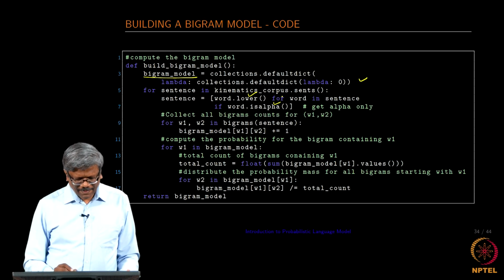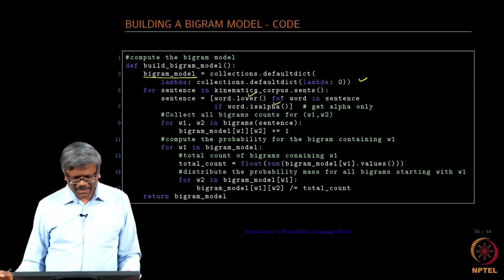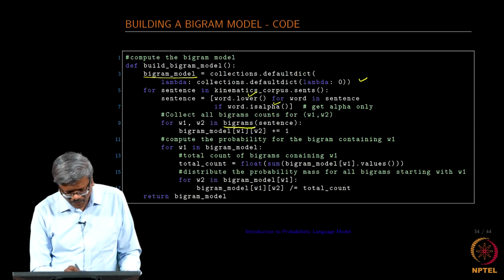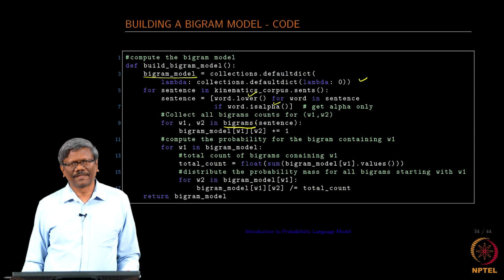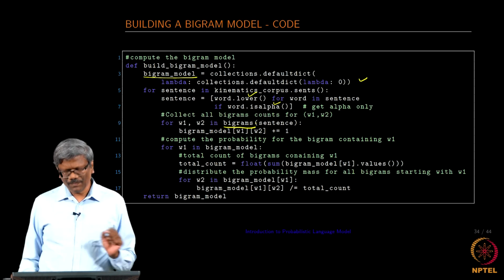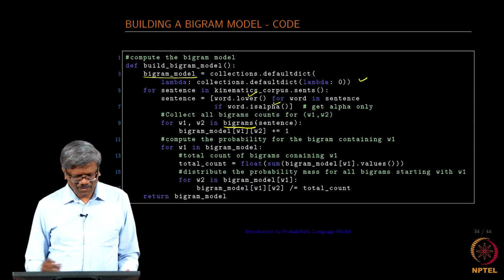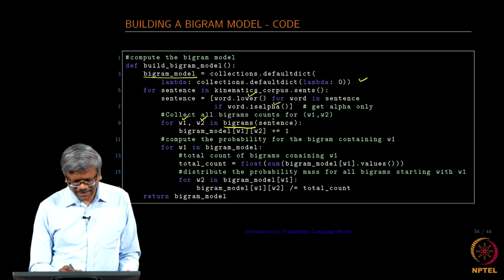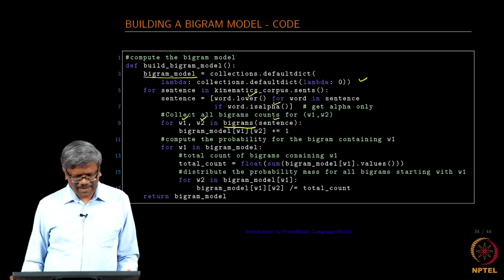Then I construct the bigrams. If you use NLTK, there is a function that converts your sentence into bigrams, giving you two words each.